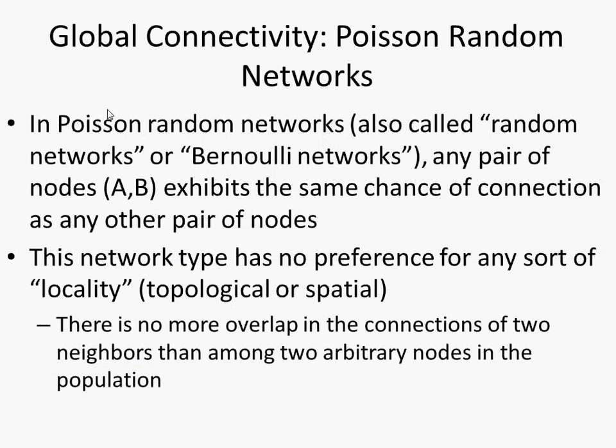And then what we're going to see is that there's a flip network called a Poisson random network that's the opposite extreme. There we have basically no regard to whether things are global or local connections. In a way, everything is global. Everything, you're just connected with random people. And so often we examine the dynamics for these two extremes, and we contrast them to understand how does the network structure impact those dynamics.